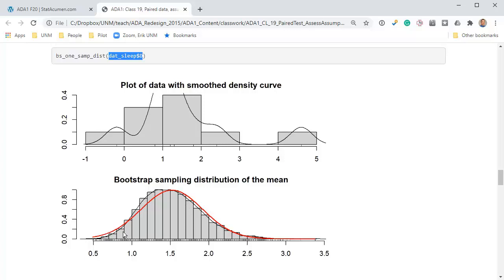Now if we take that distribution and calculate the mean and the standard deviation, and plot a normal distribution with that same mean and standard deviation, that gives us the red line. If those two curves, the black and the red, match up, then our sampling distribution of the mean is approximately normal, and therefore we can use the t-test.